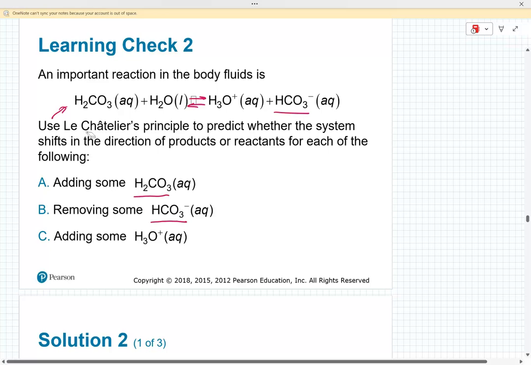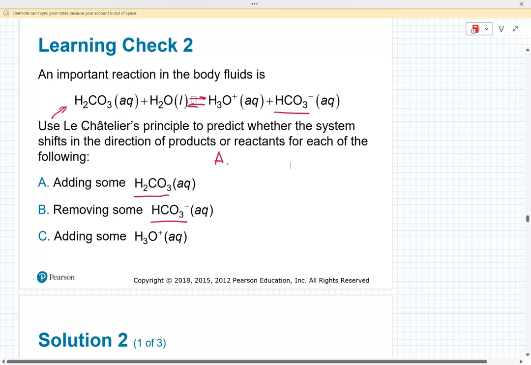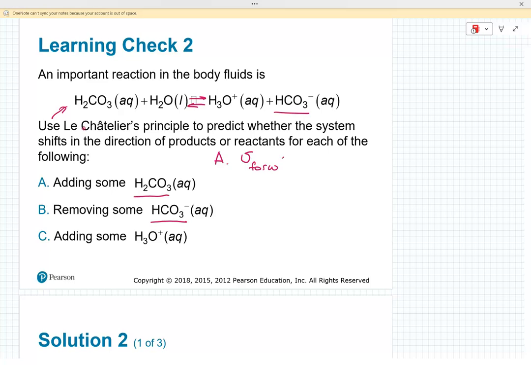So let's consider the first thing, right? A. So H2CO3, carbonic acid, is a reactant. Agreed? So rate of the forward reaction is proportional to H2CO3 concentration. Good?